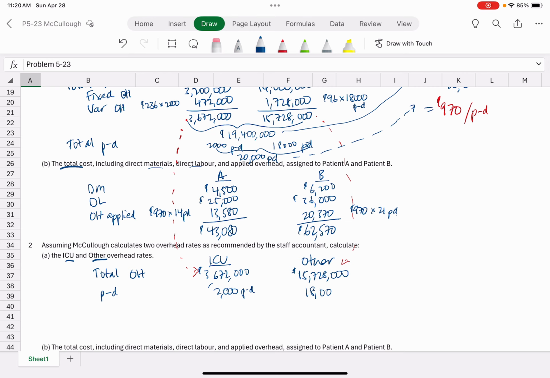So when we divide the 3.672 million cost by the patient days and the 15.728 million cost by the patient days, we end up with 2 allocation rates or predetermined overhead rates. For the ICU, it's $1,836 per patient day. And for the rest of the hospital, it's $874 per patient day.